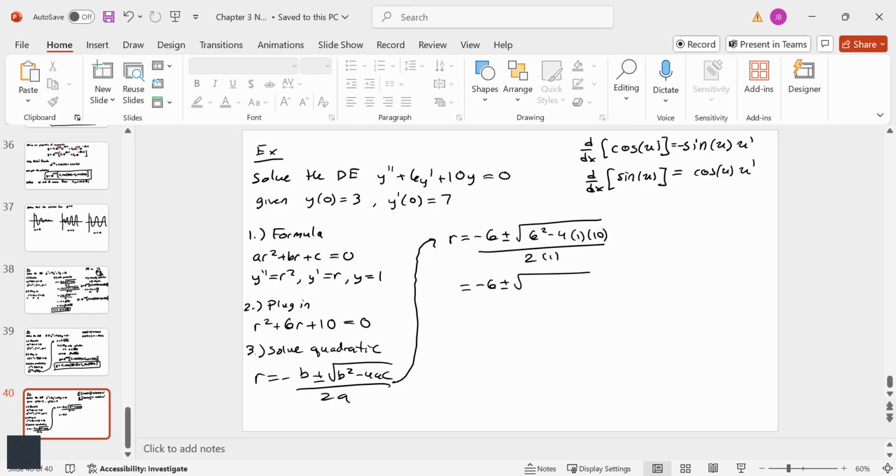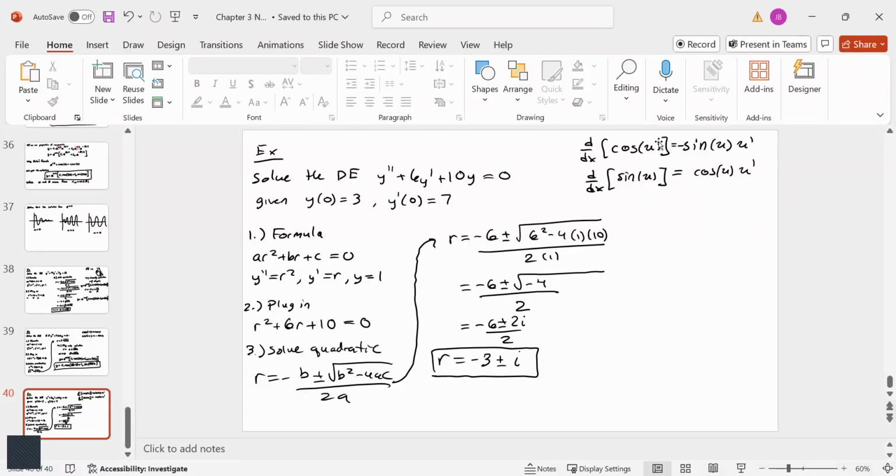Negative 6 plus or minus the square root of 36 minus 40, so negative 4, all over 2. And so negative 6 plus or minus 2i over 2. So negative 6 plus or minus, nope, that's incorrect. Negative 3 plus or minus i. And that's our value. So that's r.